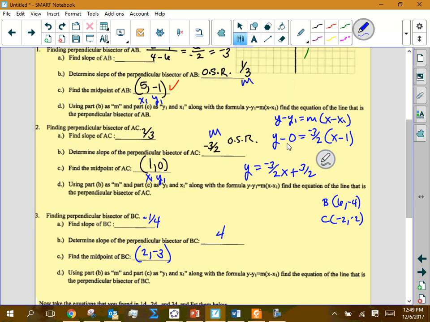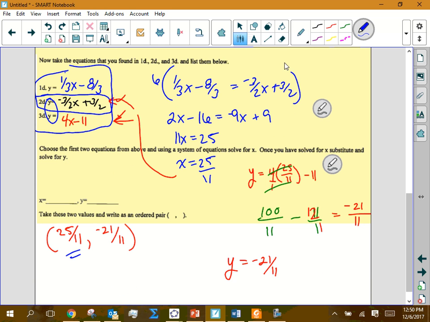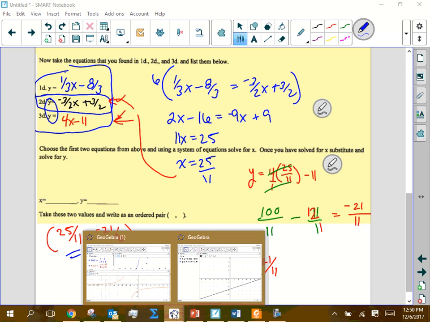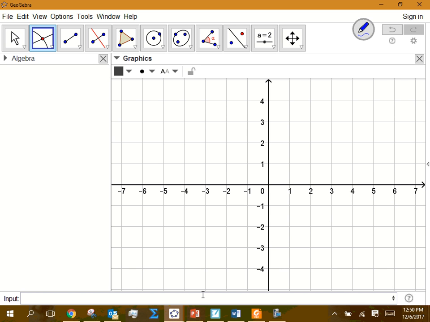All right. Now, here's what I like, because I want you to be able to do this. I want you to, at some stage in your mathematical lives, be able to do the work by hand, but also use something to show me that I've done everything correctly. Okay. So I'm going to take GeoGebra.